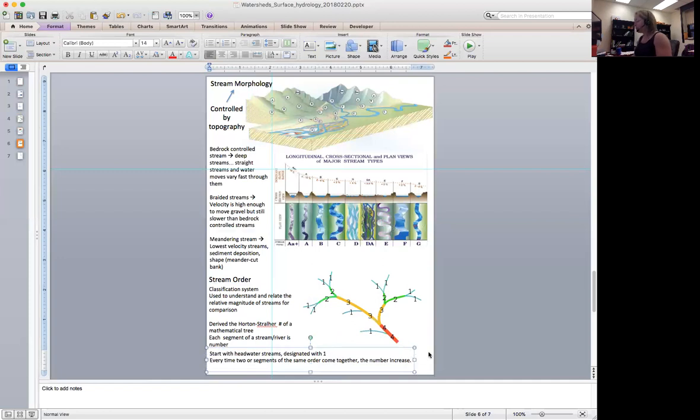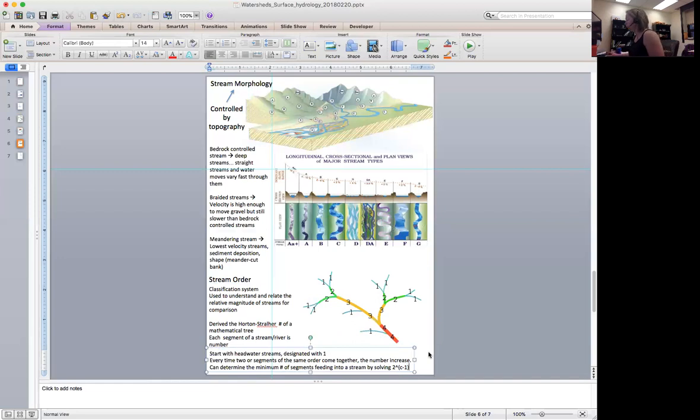And so we can determine the minimum number of segments feeding into a stream by solving 2 raised to the C minus 1.